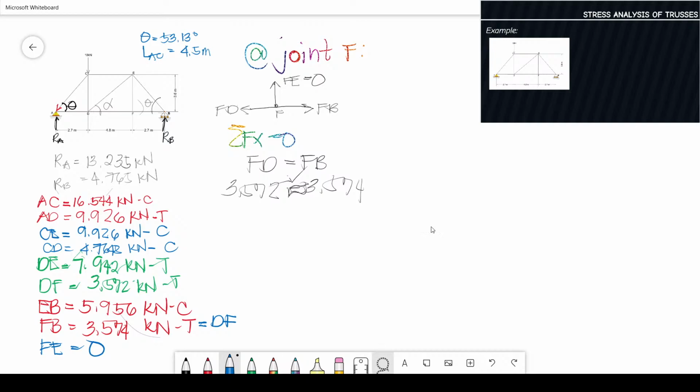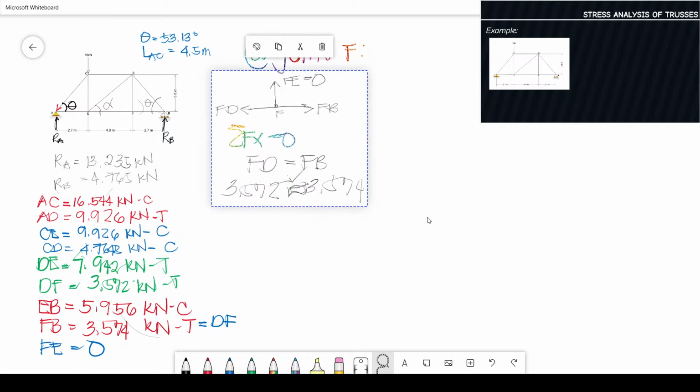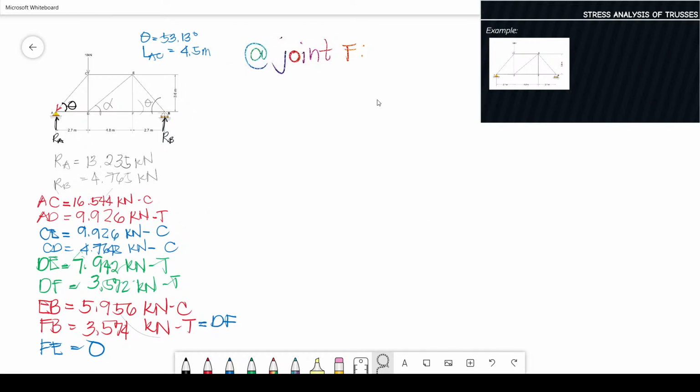Okay? So, last joint. Hallelujah. So, I actually have one figure pa for truss, pero wag na muna. So, let's proceed to the method of sections na lang after this last joint, okay?